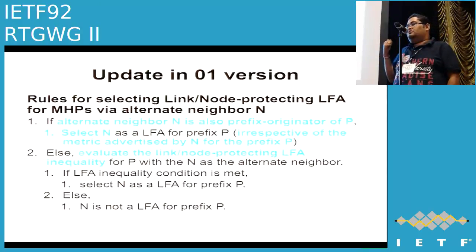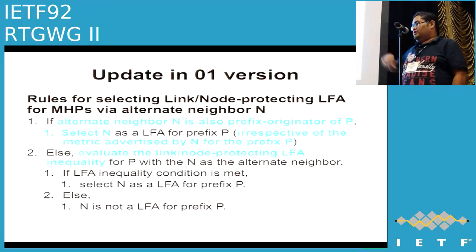But we also figured out that if one of the alternate neighbors is also a prefix origin, meaning an area border router, we can directly choose that alternate neighbor as an LFA, and we can skip the inequality check. But this only applies to two types of protection, which are link protection only, as well as node protection. Next slide.